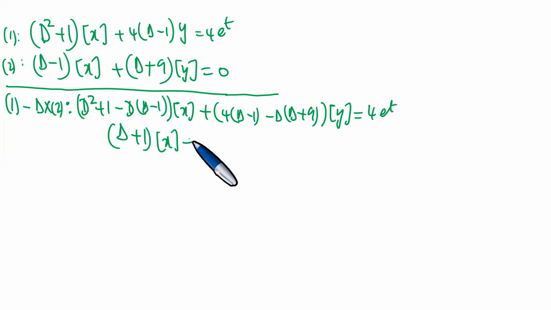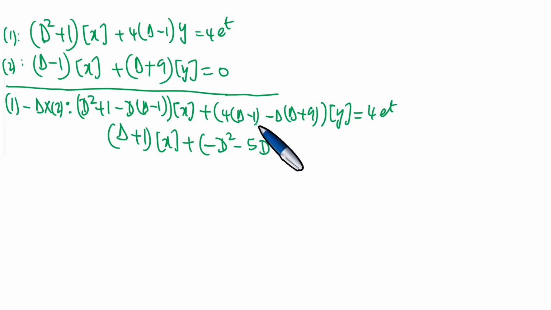And then now we have plus 4d minus d squared minus 9d. Okay, so there's a minus d squared, but also there is a 4d minus 9d, which is minus 5d.